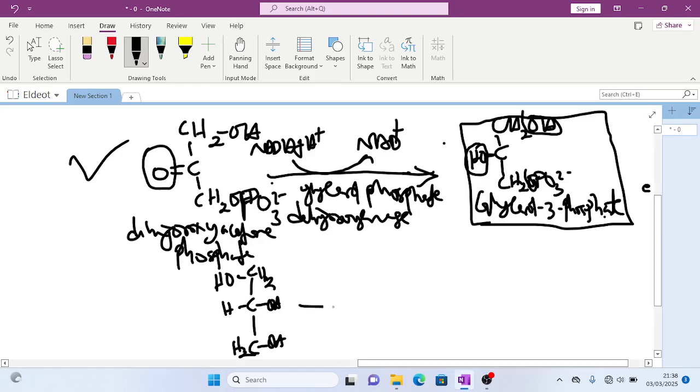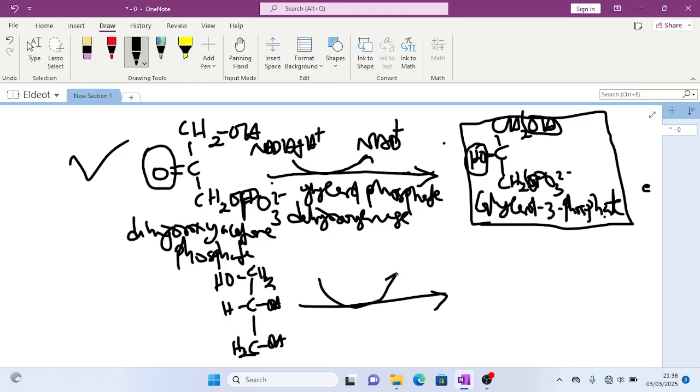The enzyme that will act on glycerol to give us glycerol 3-phosphate is glycerol kinase, which is going to gain one of the phosphate groups from adenosine triphosphate.